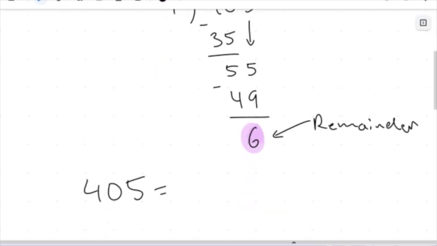So we can write 405 as 7 times 57 plus my remainder of 6. The reason I'm talking about this bit here is because in the questions that we're going to do, we're going to talk about rewriting our polynomial after we've divided it.